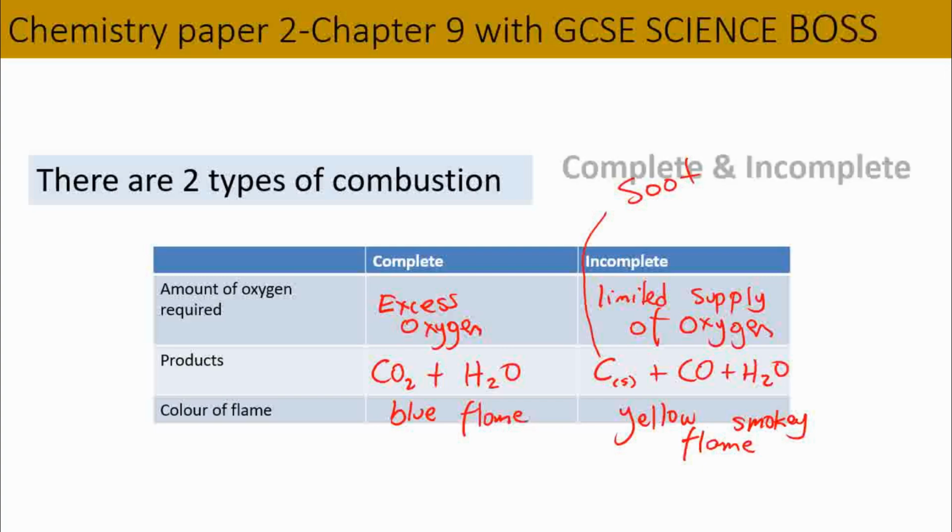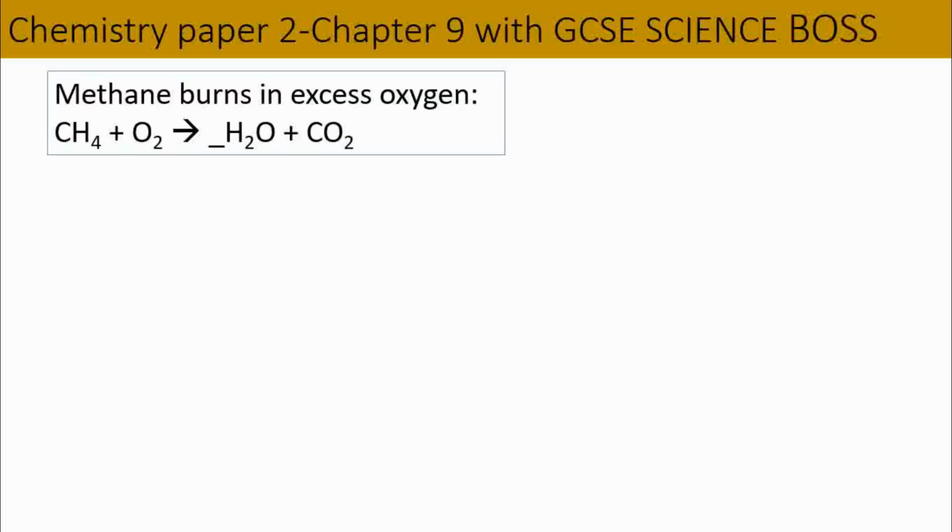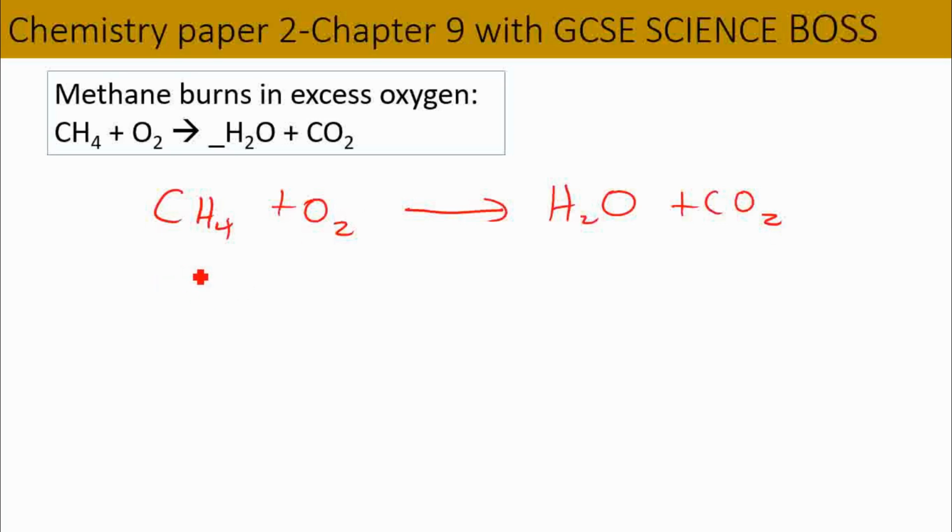Now, the other thing that you need to be able to do is write balanced equations for combustion. So, for example, methane, one carbon, reacting with oxygen to produce water and CO2. Okay, the best way to balance these equations is to go in this order: C, H, O.